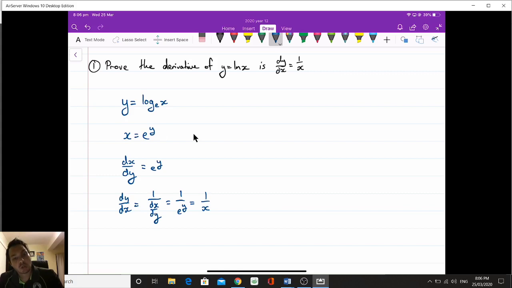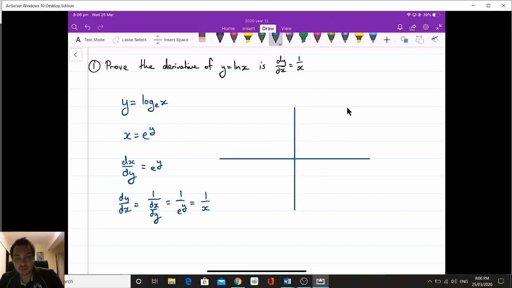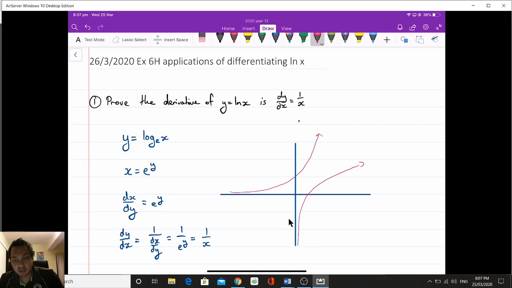Okay, so I talked to a few students about what these graphs look like and how it relates to, say, our exponential function. Our exponential function was our graph that looked like this, and we said the gradient at this point is 1, and our log function, which went through 1 across, therefore also had a gradient of 1.